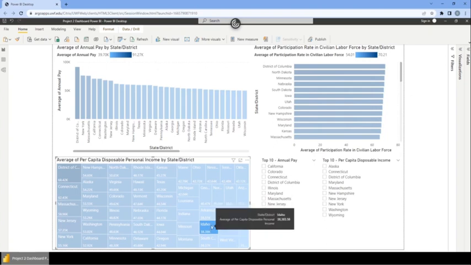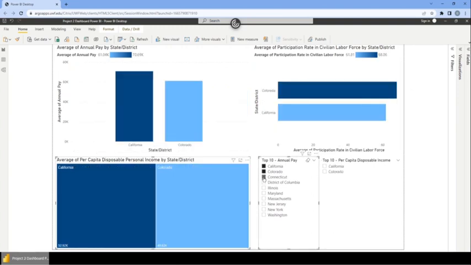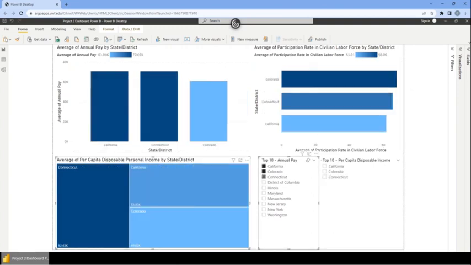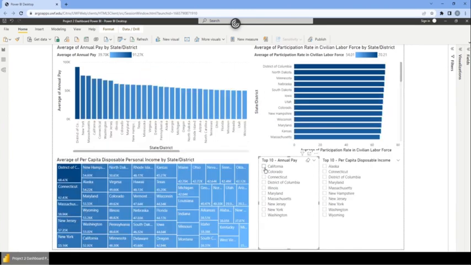So these are some very unique insights. We can also compare some of our top 10 states in these categories and check out how they interact with one another. Looks like Connecticut leads the pack in average of per capita disposable personal income in this scenario. So that's a little deeper analysis through an interactive dashboard.